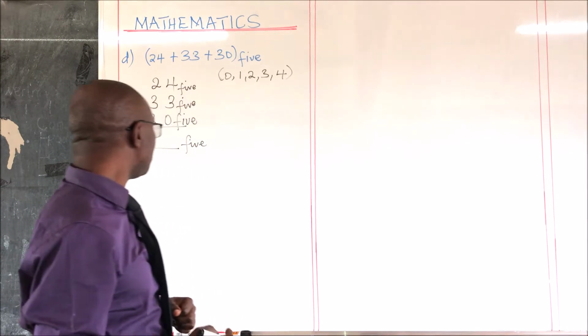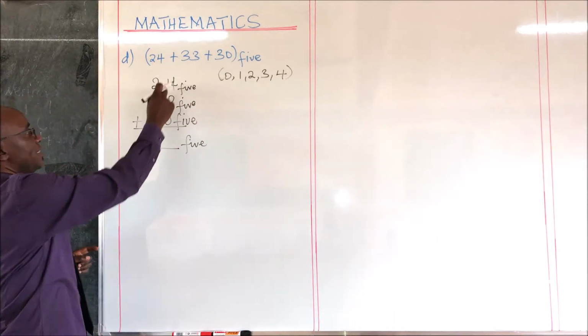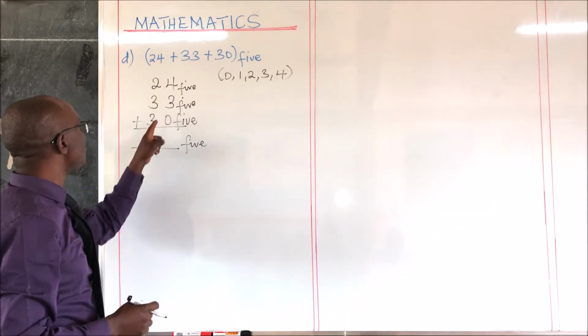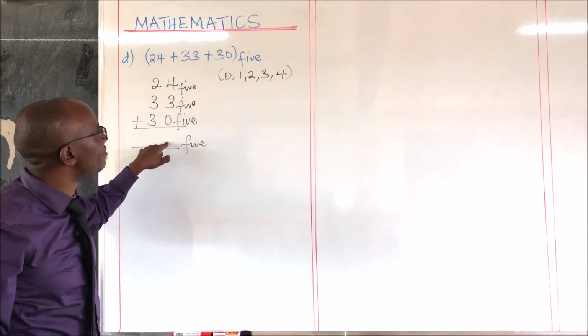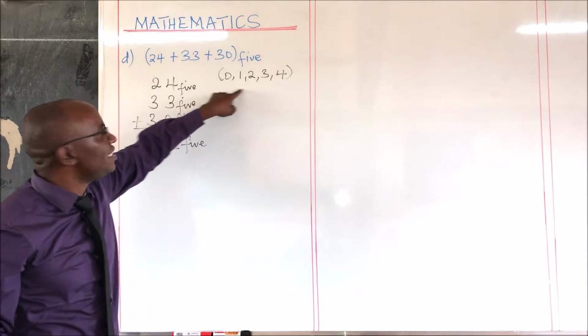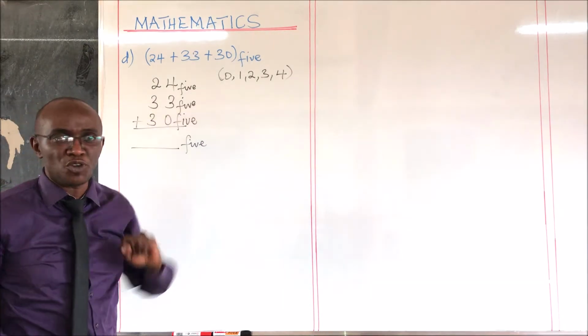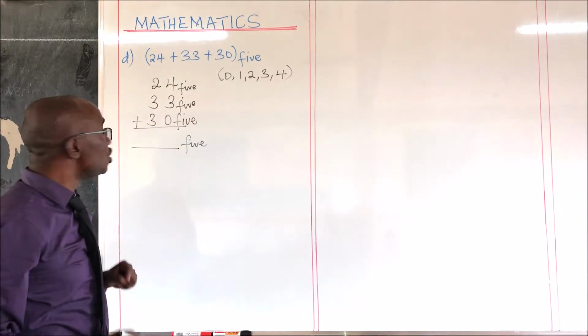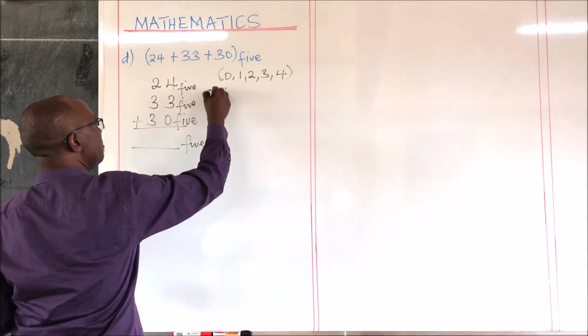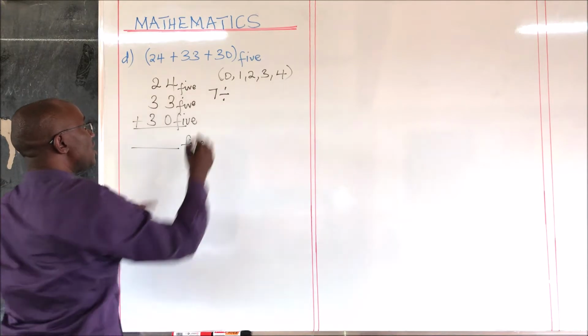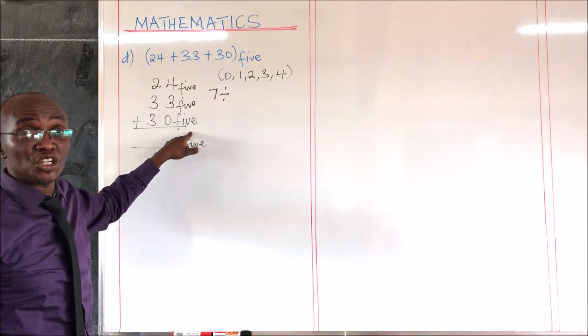Okay, let's start off. 4 plus 3 is 7. 7 plus 0 is 7. But you cannot write 7 in base 5. Remember, the digits that can be written in base 5 are from 0 up to 4. So what do we do? We divide 7 by the base, which is 5, because this is addition in base 5.